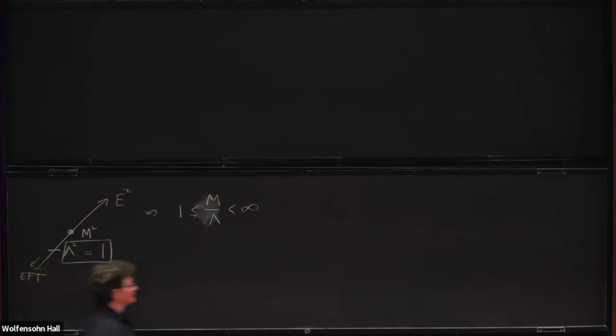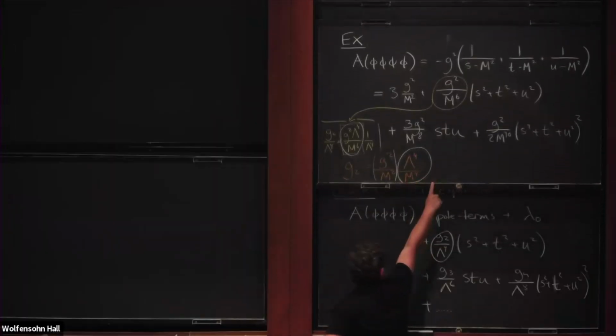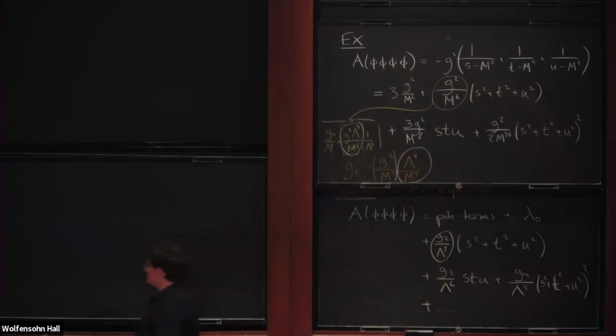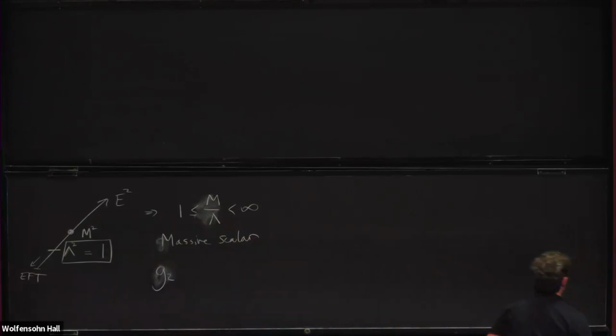Okay, now I can directly go over here and read off what the coupling should be by comparing the top board to the general board here. And we'll see that for the massive scalar, my G2 is that quantity right there.